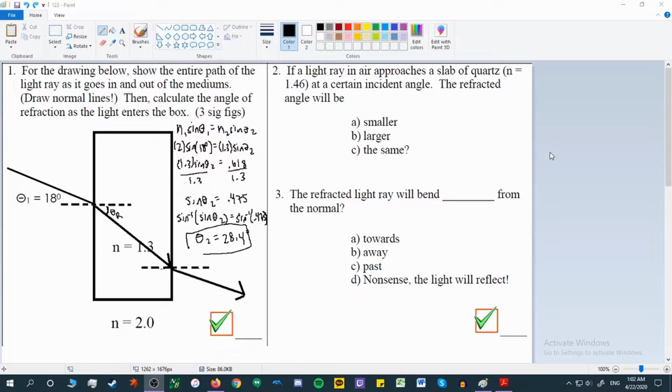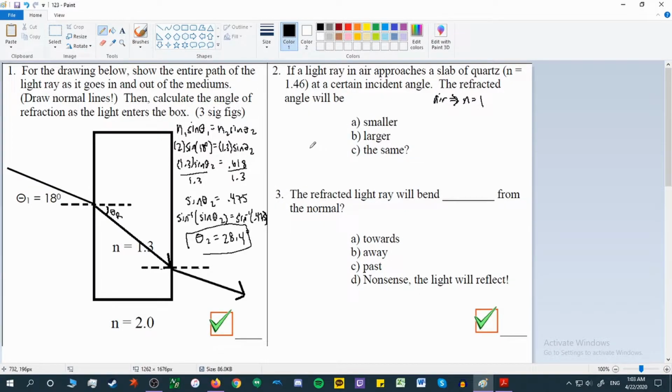Alright, questions 2 and 3 are what I like to call tandem questions, because if you answer one, you get the other, and if you get one wrong, you'll probably get the other one wrong. But it's asking about a light ray in air, and we know that in air, n is equal to 1. So we're going from n is equal to 1 to quartz, where n is equal to 1.46.